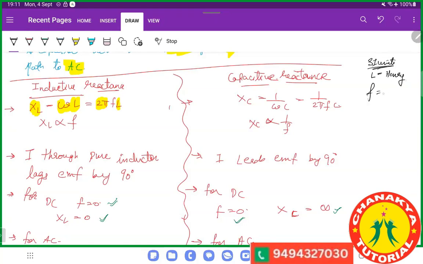And frequency? Hertz. And omega equals radians per second, or radians hertz, because hertz is 1 by second. So radians per second.